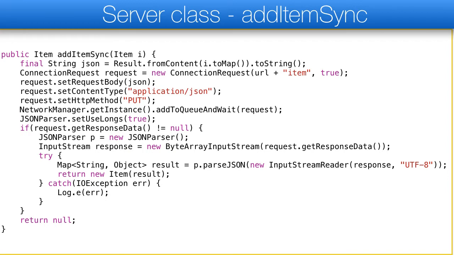Also set obviously the content type and everything related exactly like we do in the curl request. Now, after I do that, the next line after add to queue and wait actually results with a response.